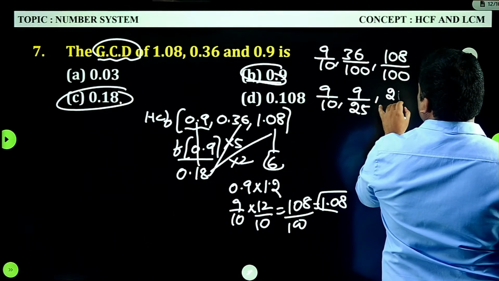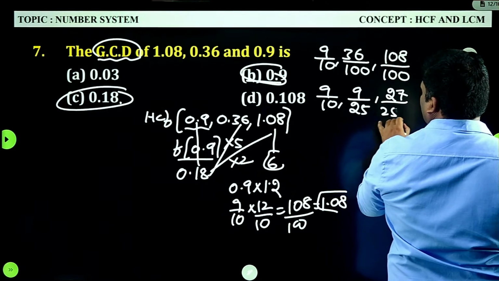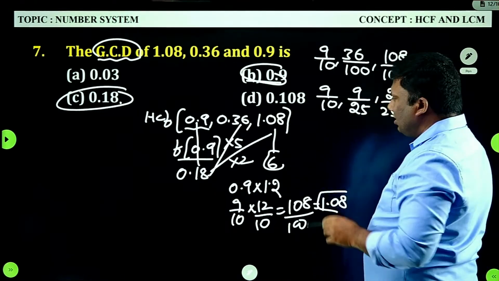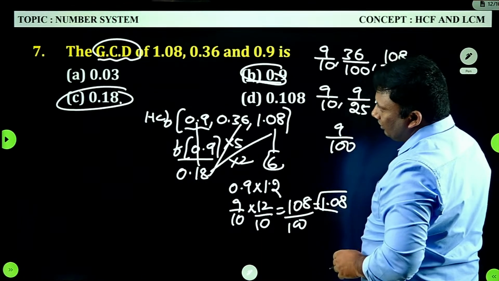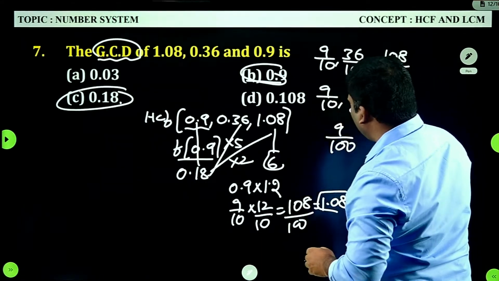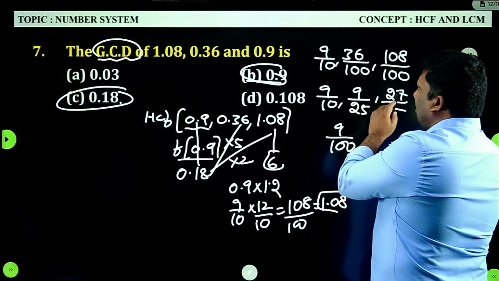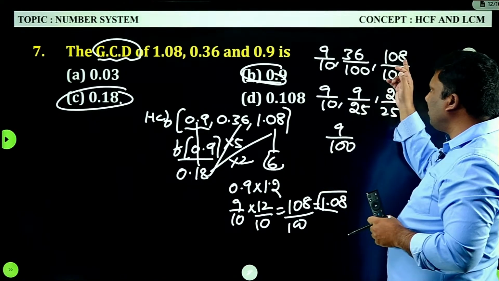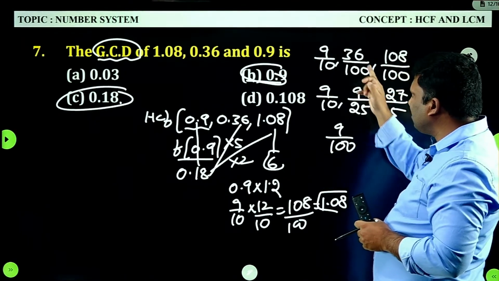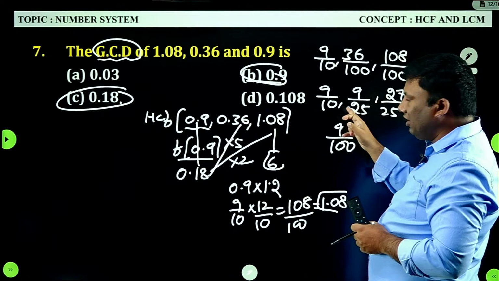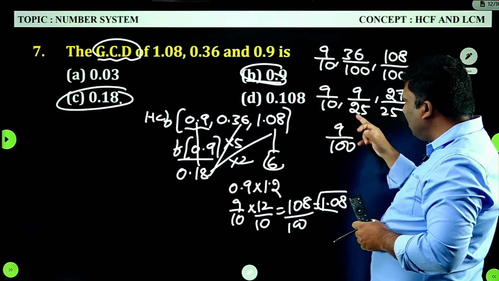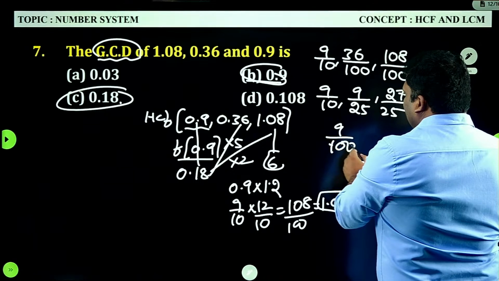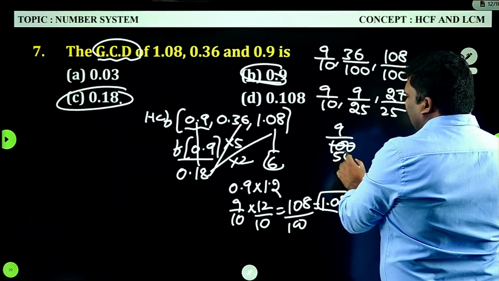4 27s are 108, 4 25s are 100. So the answer is HCF of numerators by LCM of denominators. HCF of the numerators 9, 9, 27 is 9, and LCM of the denominators 10, 25 is 50.